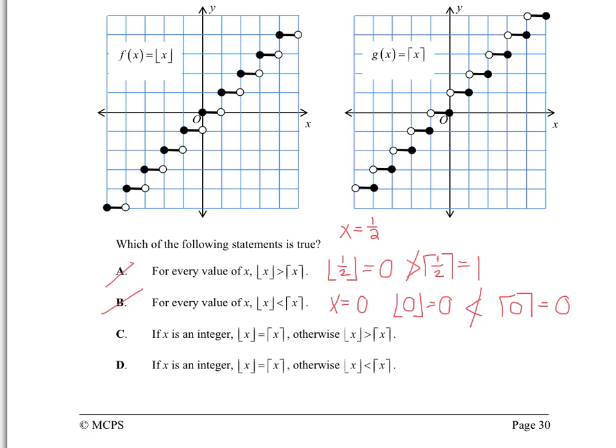C: If x is an integer, the floor function of x equals the ceiling function of x. Otherwise, the floor function of x is greater than the ceiling function of x. Well, this is true for integers, as we saw with part B. 0, 1, 2, it's always going to equal the integer.